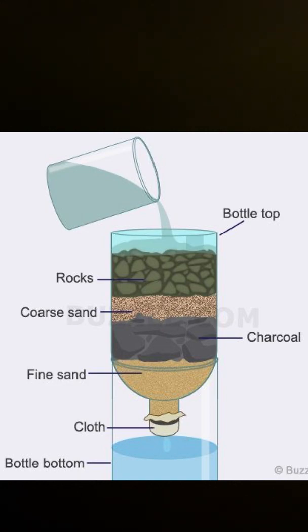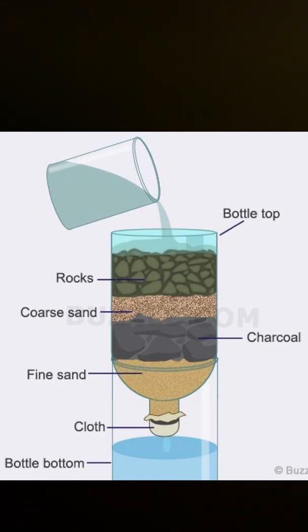But before that, let me tell you the materials that are used throughout this experiment. Firstly we need sand, then charcoal. We also need some small gravels, stones, a piece of cotton, and lastly an empty bottle. You may be wondering what these materials do in this process.